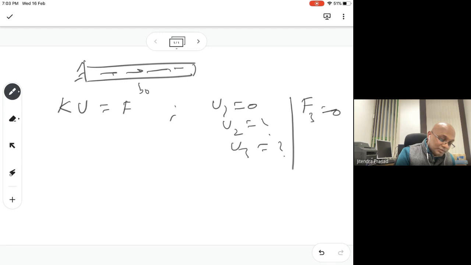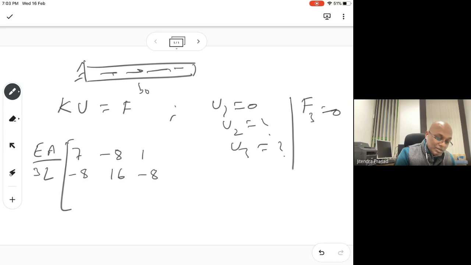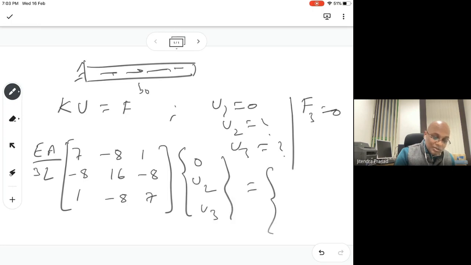So what is the equation? We have EA over 3L, matrix 7, minus 8, 1, then minus 8, 16, minus 8, and then 1, minus 8, 7, multiplied by 0, U2, U3, is equal to F1.